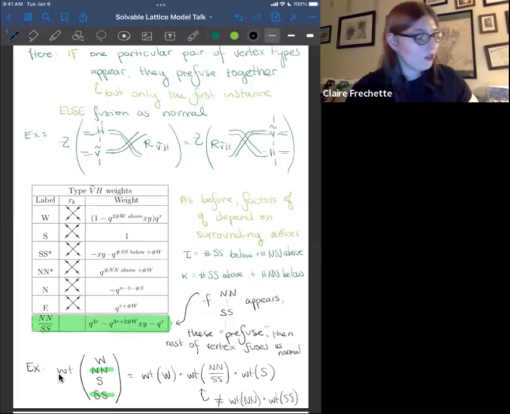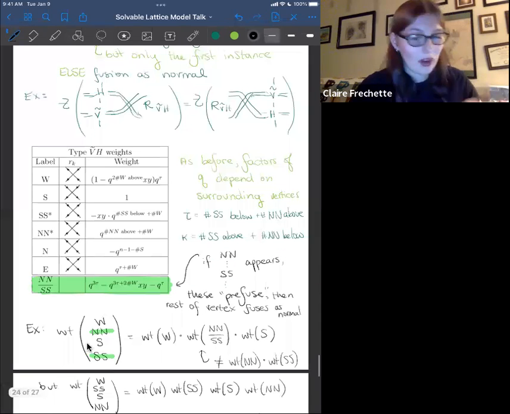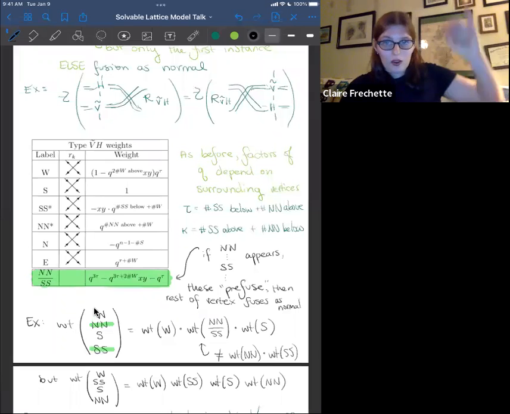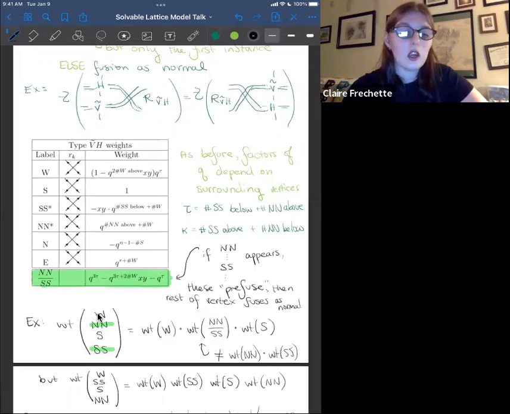So if I have a situation where, for instance, I have counting R1 down to R4 in n equals 4, a type W vertex, a type NN, a type south-south, and then a type south-south, the W and the S fuse normally. This type NN and type south-south fuse together into this weight here.